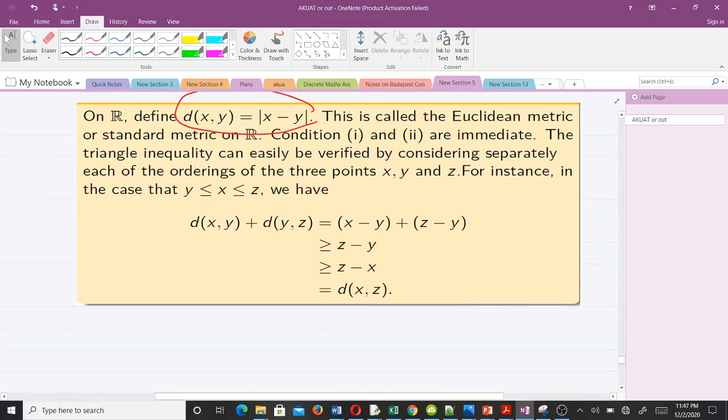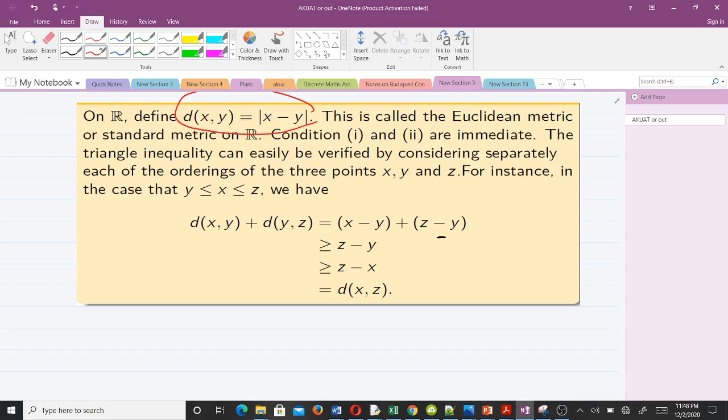So the triangle inequality can easily be verified by considering separately each of the orderings of the 3 points x, y, z. For instance, in a case where y is less than or equal to x and x is less than or equal to z. So here we can see that the distance between x and y plus the distance between y and z will be given as this, right?